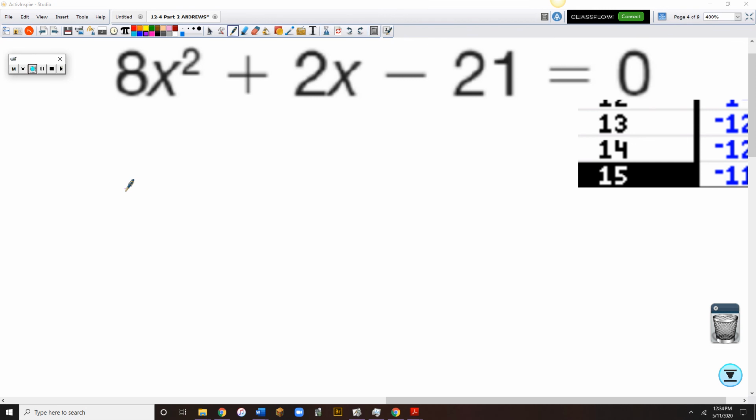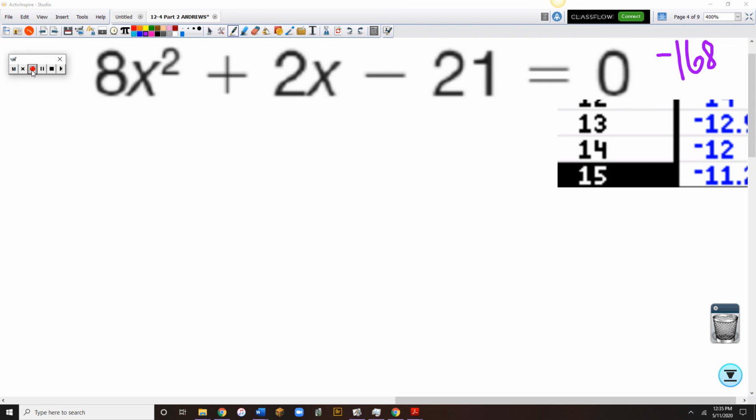One more example, we've got this quadratic, 8x squared plus 2x minus 21 equals 0. 8 times 21 is negative 168. Now, I use the calculator hack to help me figure out what factors to use.